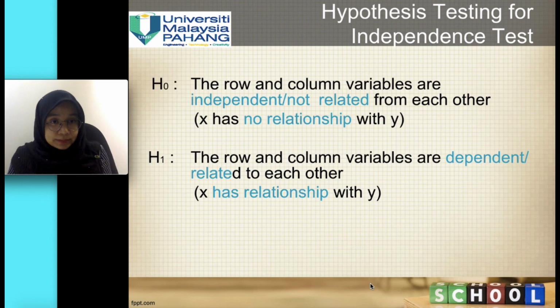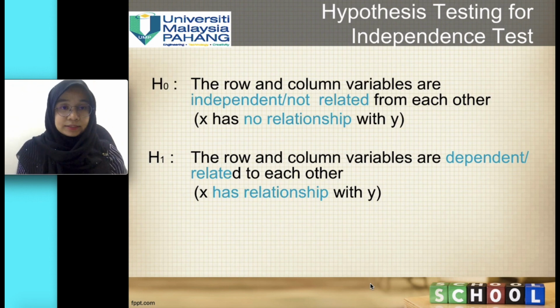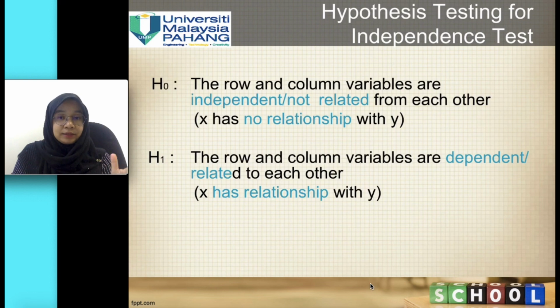What is the hypothesis for the independence test? H null: the row and column are independent from each other, or X has no relationship with Y, or female is not related to male. Saling tidak berkait.